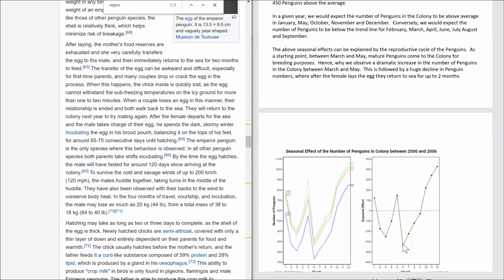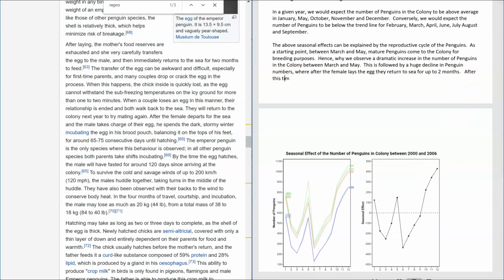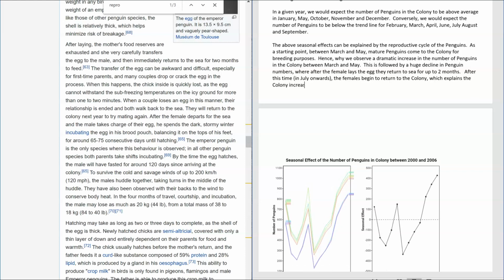So after that time, the females come back, and the male, the female, and the baby penguins are all in the colony at the same time. After this, in July onwards, the females begin to return to the colony, which explains the colony increase between July and December.